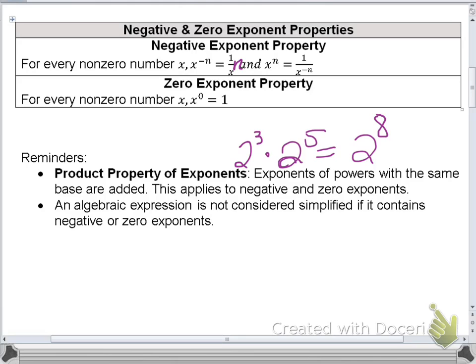And an algebraic expression is not considered simplified if it contains negative or zero exponents. So if you have a negative exponent, you need to move it to the top or bottom of the fraction, whatever is the reverse of where it is to begin with, to get rid of that negative exponent.